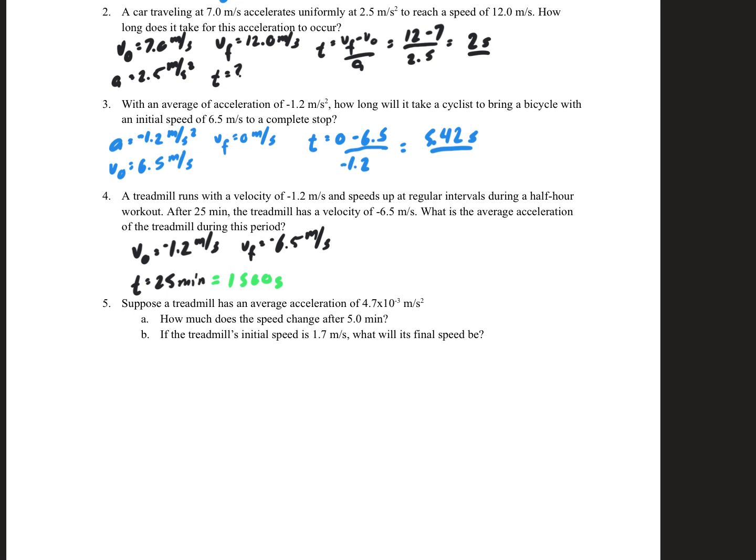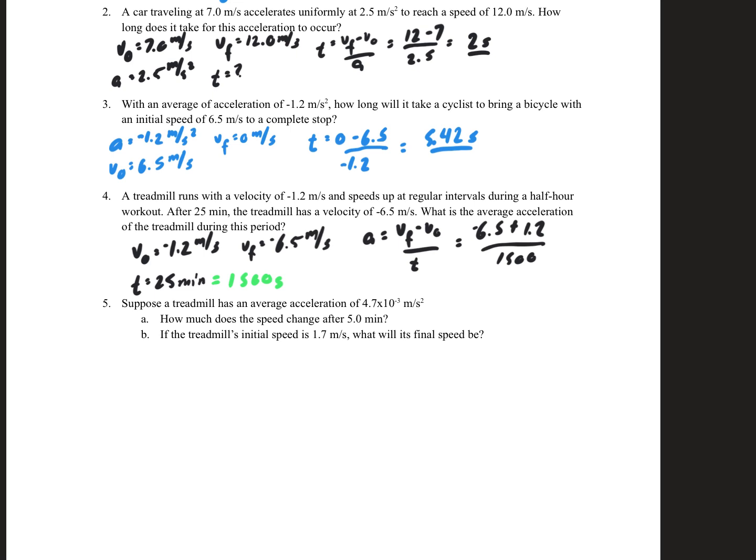It wants to know the average acceleration of the treadmill, so I'm using my acceleration formula, Vf minus V naught over t. So plug in what I know, Vf, negative 6.5, minus my V naught. So once again, I'm subtracting that negative. So negative of a negative is a positive, divided by my 1,500 seconds.